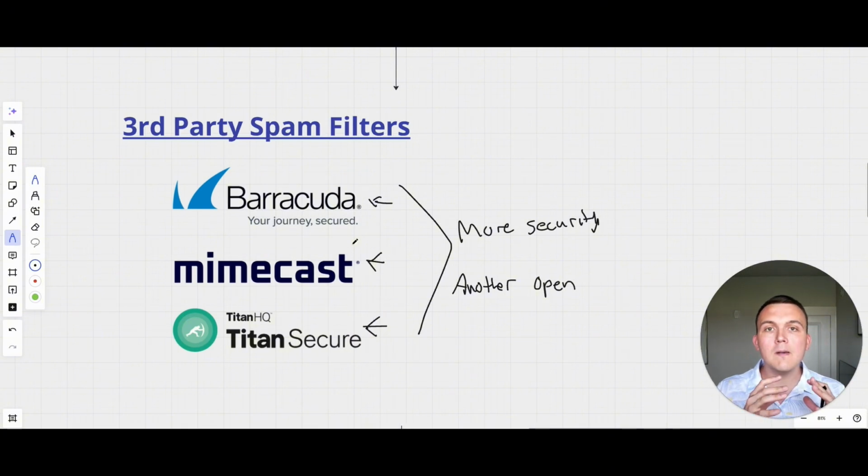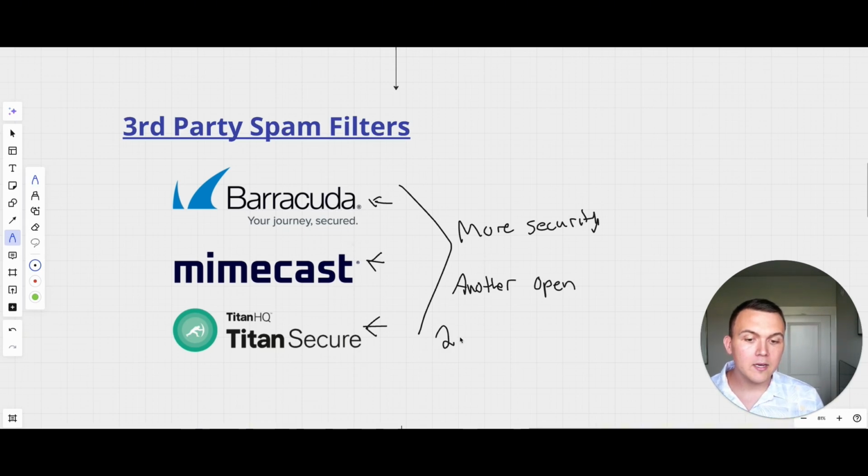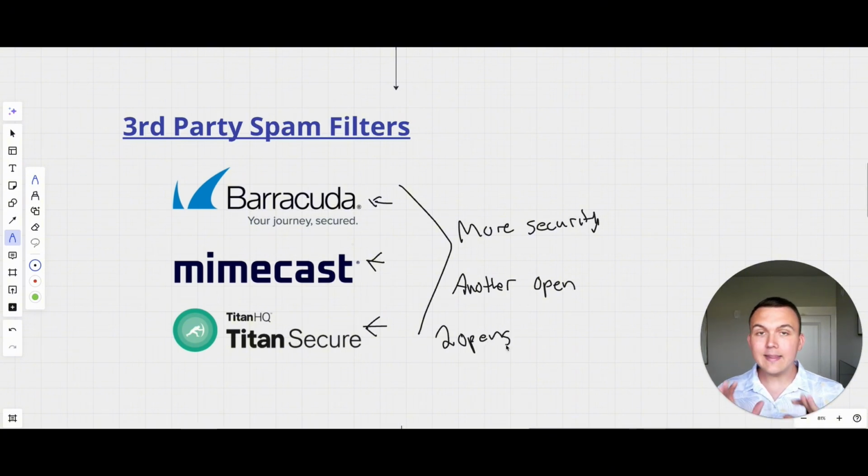They essentially have to open it up to run down a checklist to make sure that you check everything off the list, right? So now, hypothetically speaking, we're at 2 opens right now, and this is before I've even gotten the email.